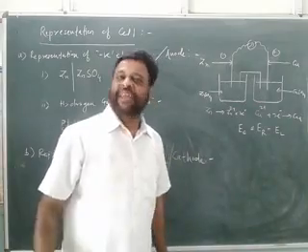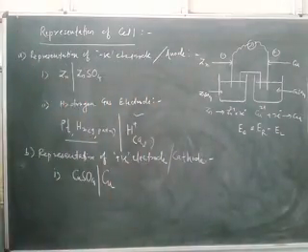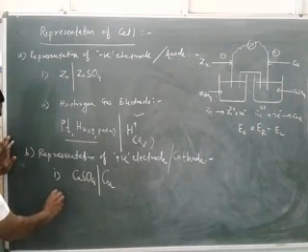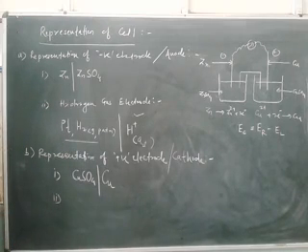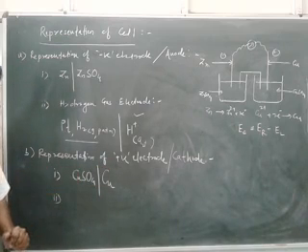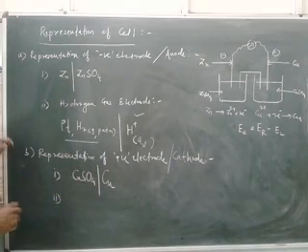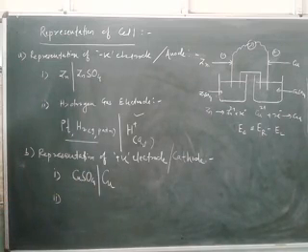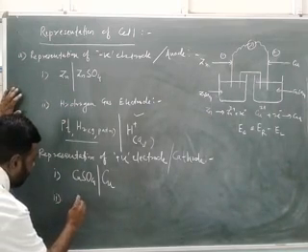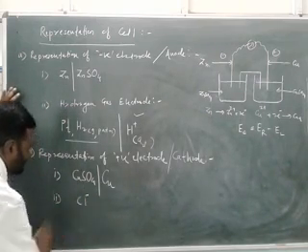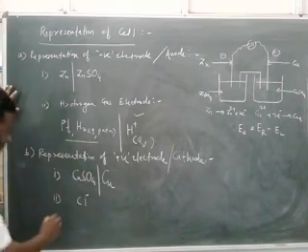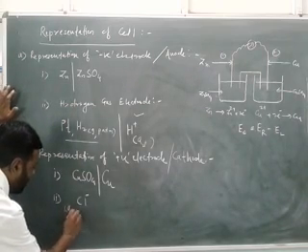Next, the representation of the chlorine gas electrode. As I told you, for the representation of the positive electrode, we first write the electrolyte or solution phase, the liquid phase. That is the solution which consists of Cl- ions, and here we write the activity of Cl-.